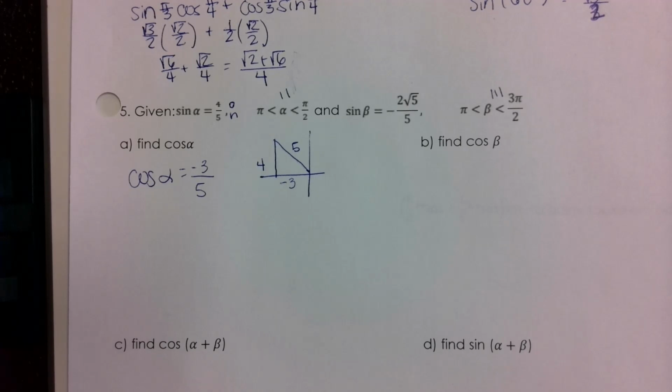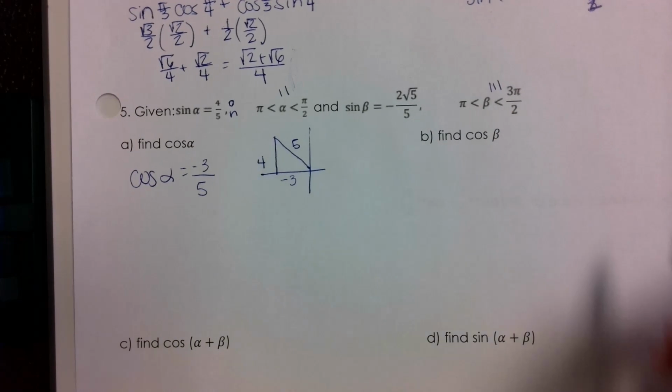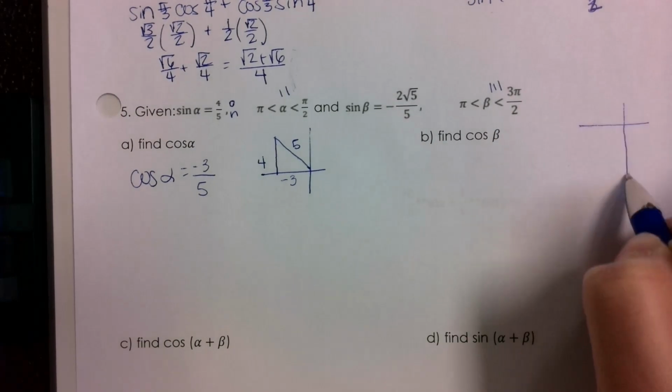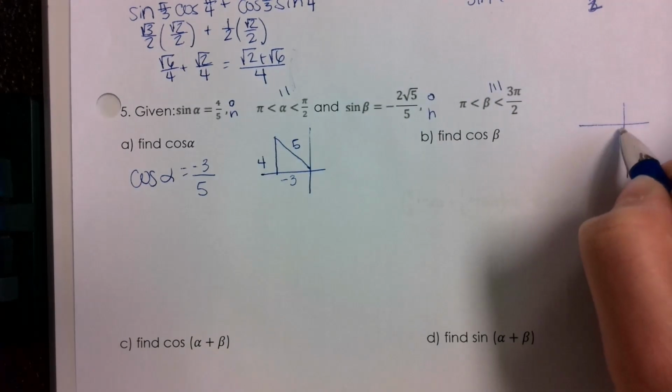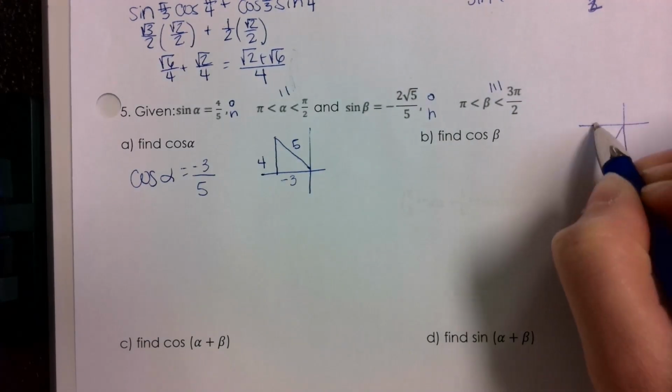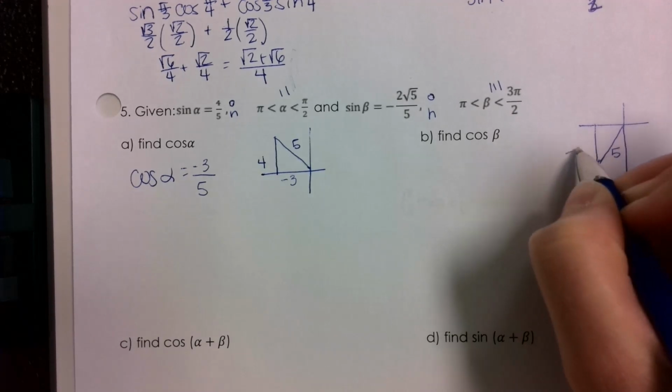So now for part B, it wants you to do the same thing, but we're talking about angle B this time. So we know that this one's in quadrant 3, so we'll get that set up. And then again, it gave you sine, so that's our opposite over hypotenuse again. This one's going to be a little bit trickier to solve for because it's not as nice of a Pythagorean triple. So we got negative 2 root 5 over 5 here.